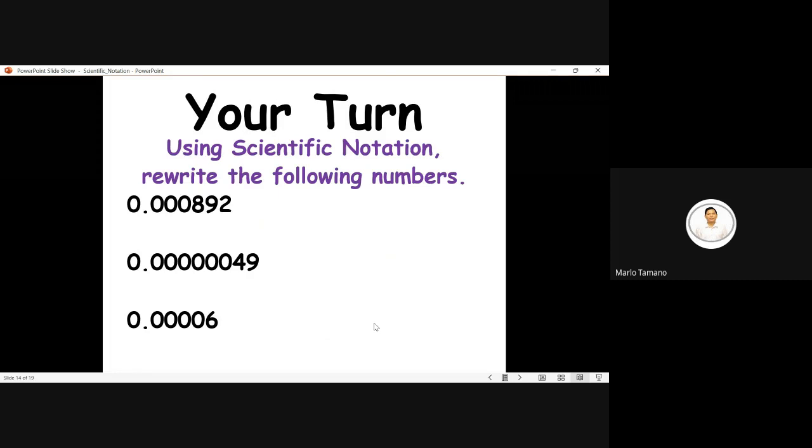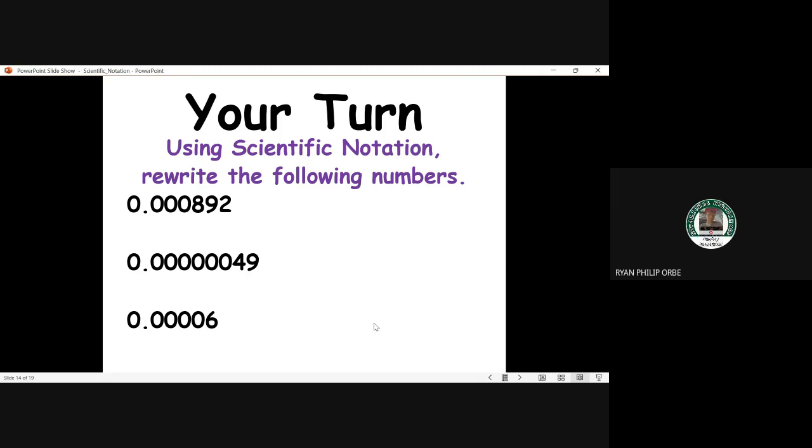Your turn. Using scientific notation, rewrite the following numbers. Again, all of these are less than 1. 2.98 times 10 to the 4th power. 8.92.